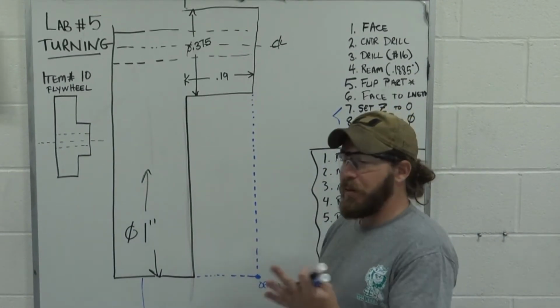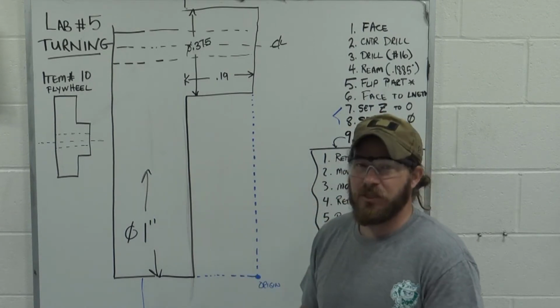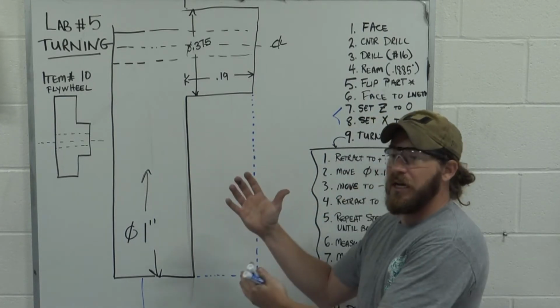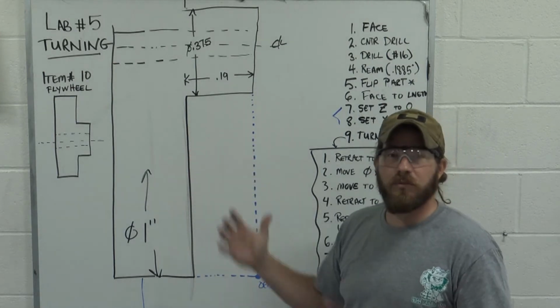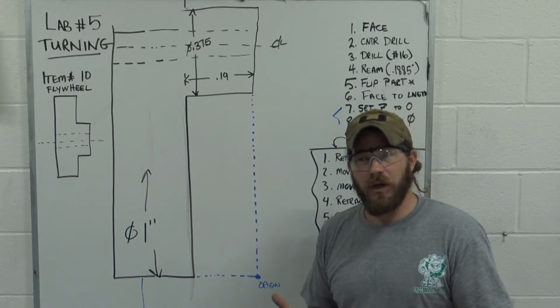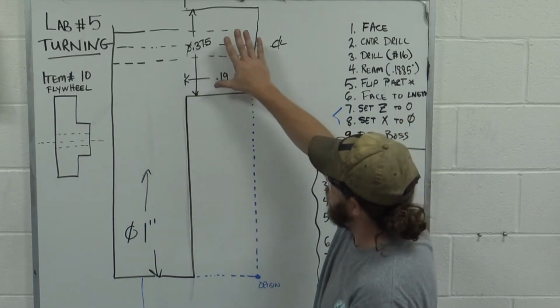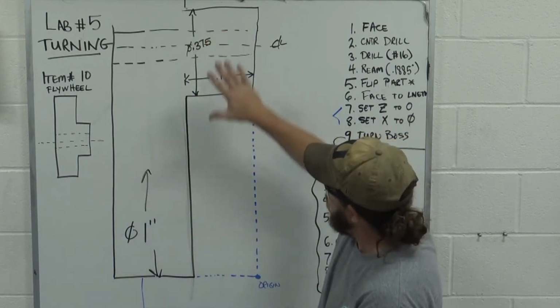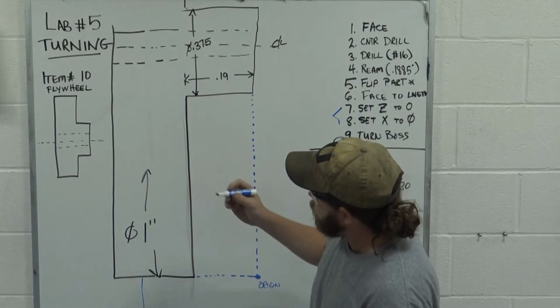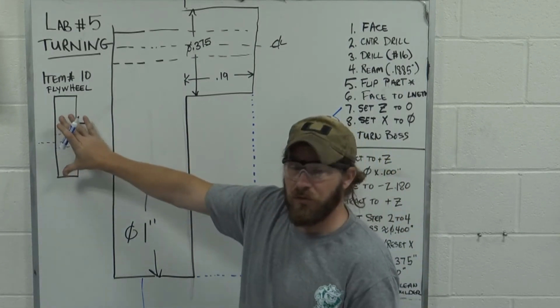All right, so we're back, and all I've done is clean up the drawing. I've zoomed into the portion of the material where we're machining. So, here's the part overall.